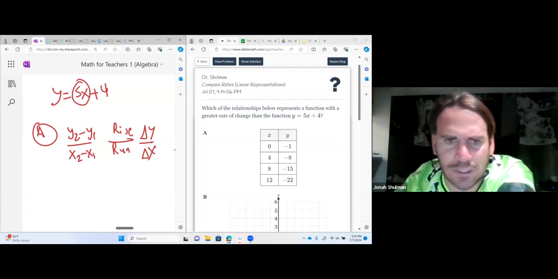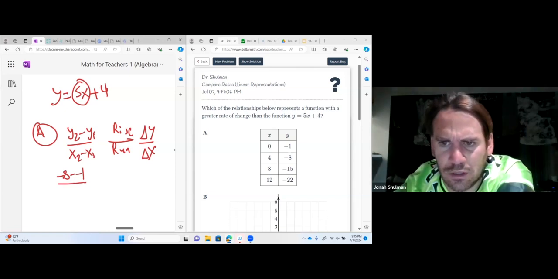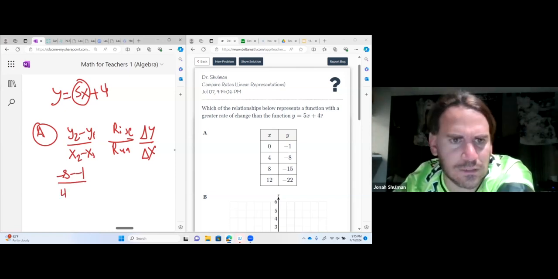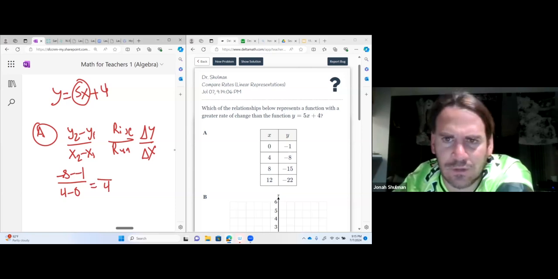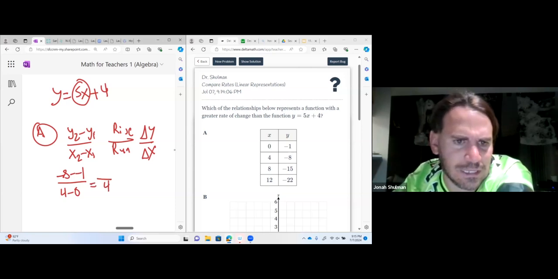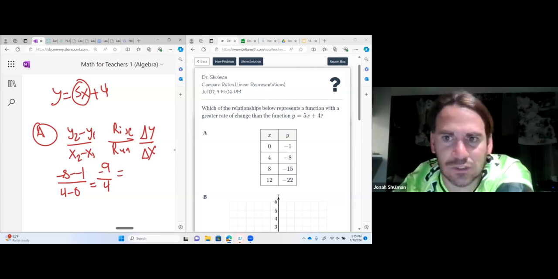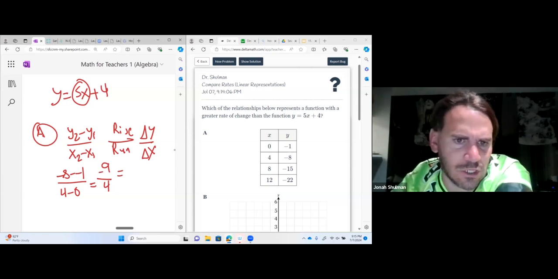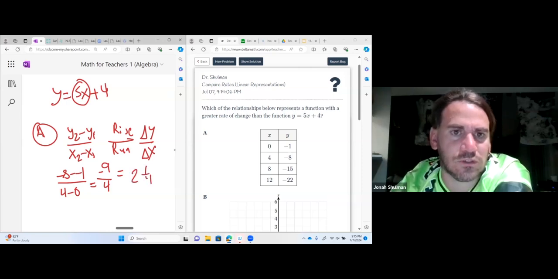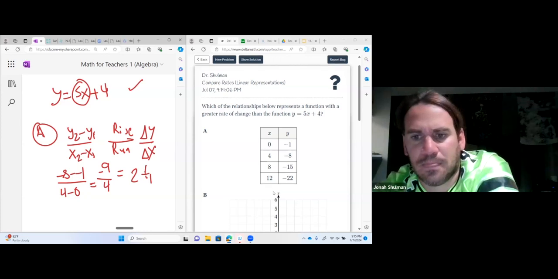So it's going to be y2, so it's -8 minus -1 over 4 minus 0. Well, 4 minus 0 is 4. -8 plus 1 is -7. Well, it doesn't matter. It's just the absolute value for the rate of change. So this is 7 divided by 4, which is 1 3/4. So 5 is bigger. All right, let's go to B.